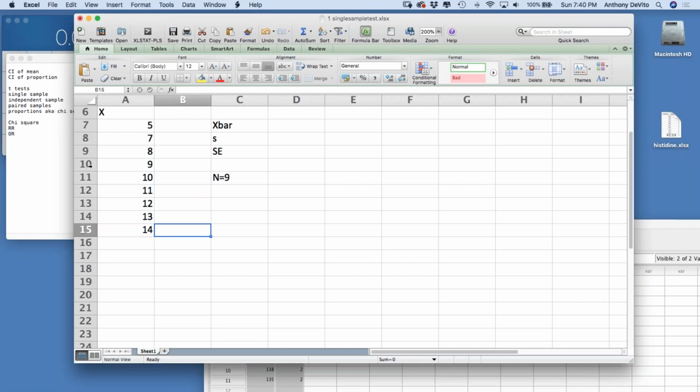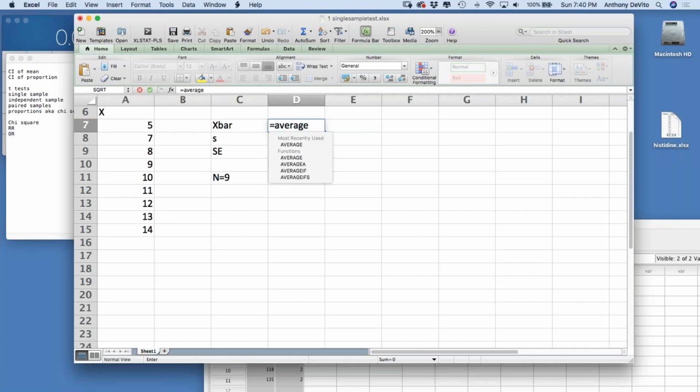Now, we're really not interested in what the mean x bar is for this sample. I'm going to calculate it anyway right now. Okay, I'm going to calculate this average, this mean. It turns out the mean is 9.89.